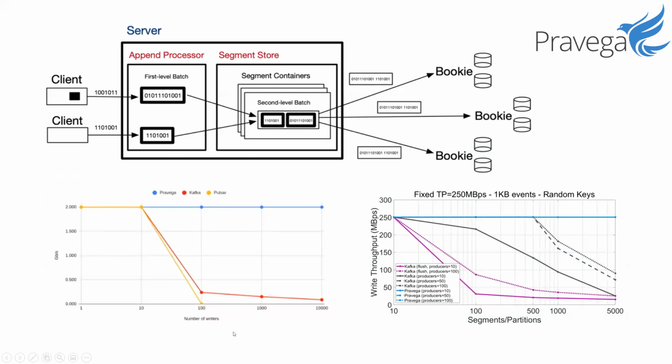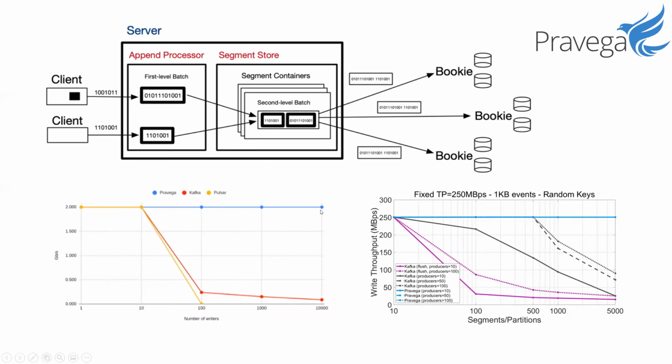So this is just a couple of graphs showing, in both of these graphs, we're keeping throughput the same. In one graph, we're increasing the number of writers as we keep the throughput the same. So as we introduce more writers, they take a share of the aggregate throughput. And we can see how Pravega can maintain a consistent throughput rate as we add more writers.